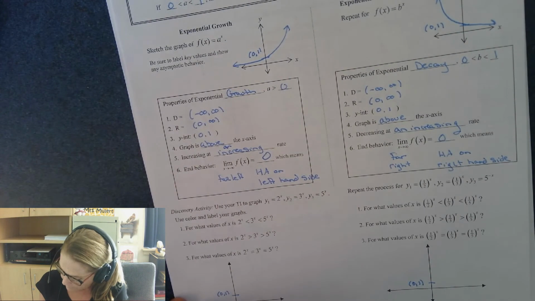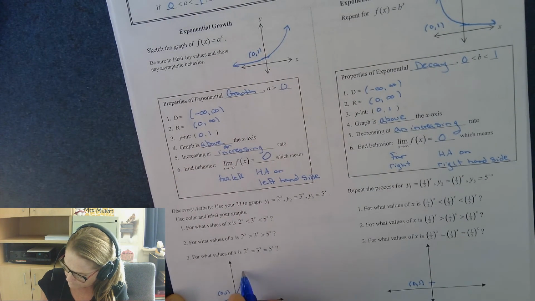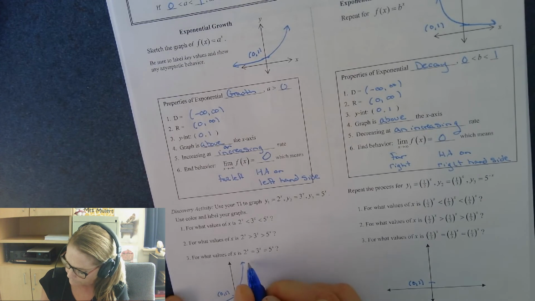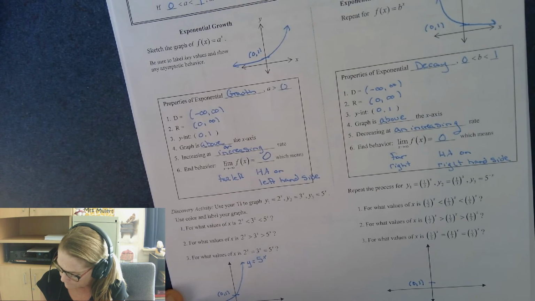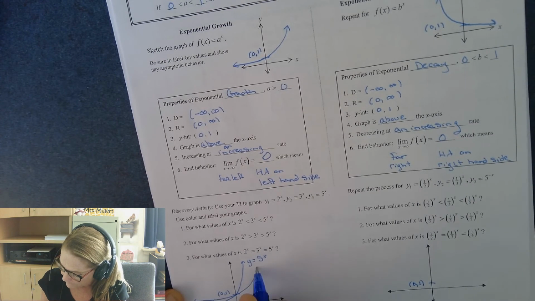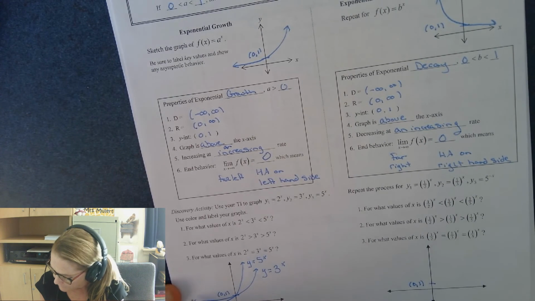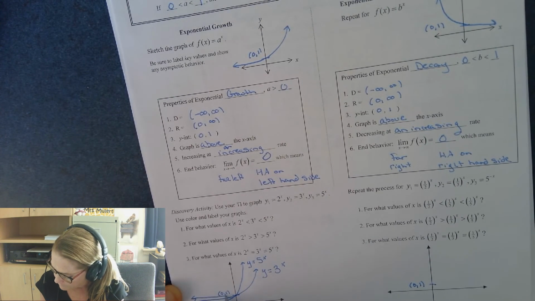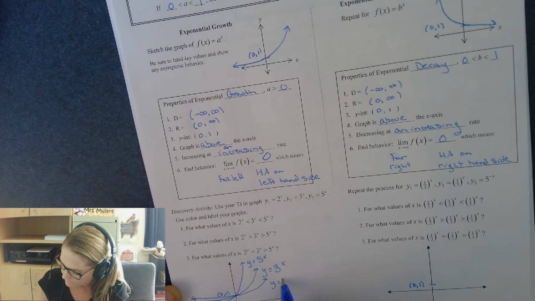If you were to graph these on your TI, you would see the steepest one here, the next one here in the middle, and then this guy, just a rough sketch. It's very hard to distinguish between these.